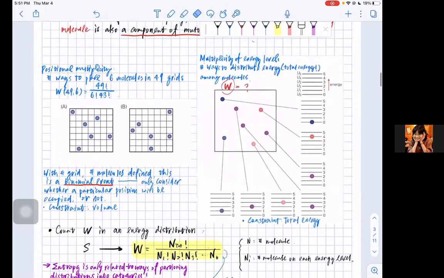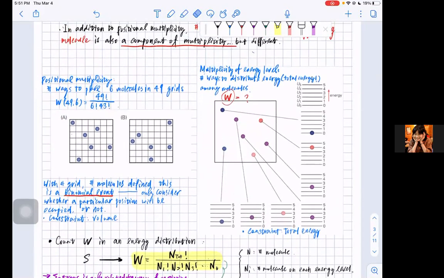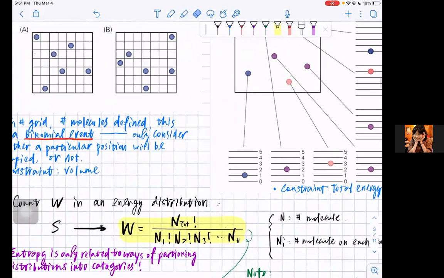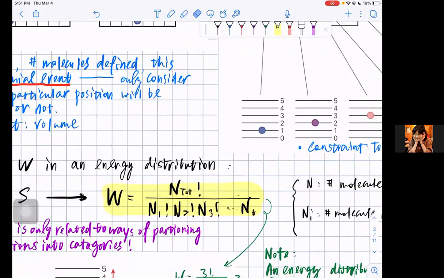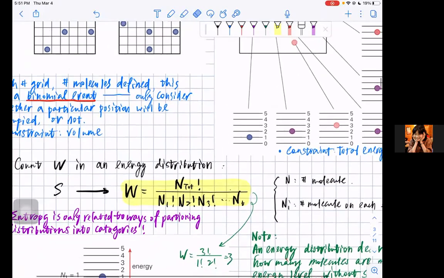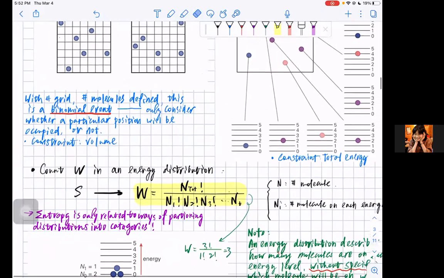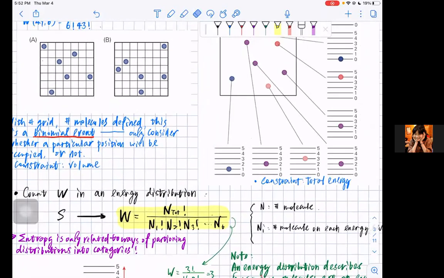So it's following entirely the same logic of defining positional multiplicity. Here we define the multiplicity of distributing energy among the molecules as the factorial of the total number of molecules over the factorials of the number of molecules on each energy level. So this is this equation here.